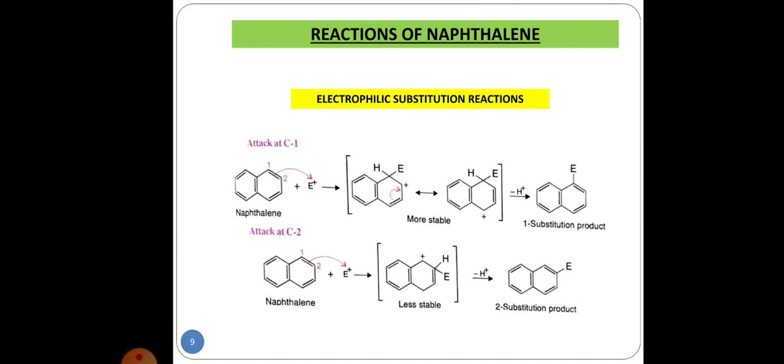As per the universal rule, always the stable molecules exist in nature.